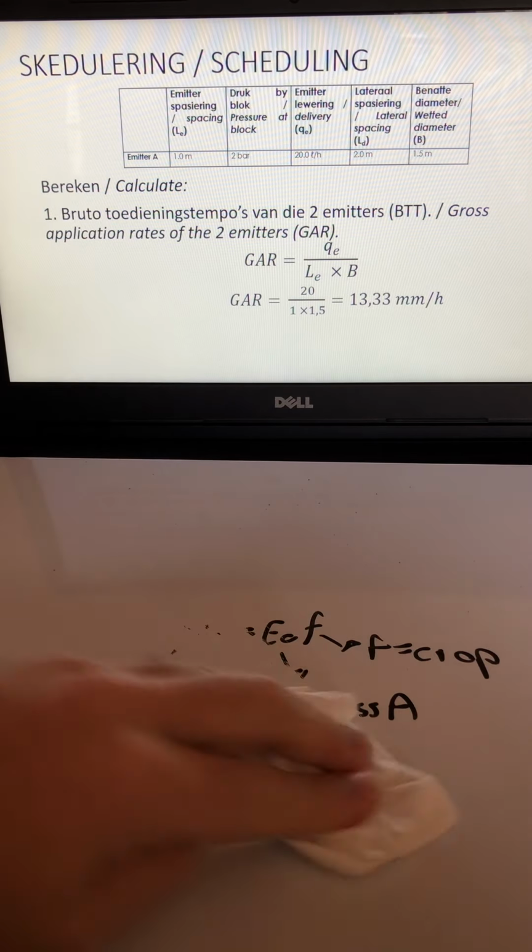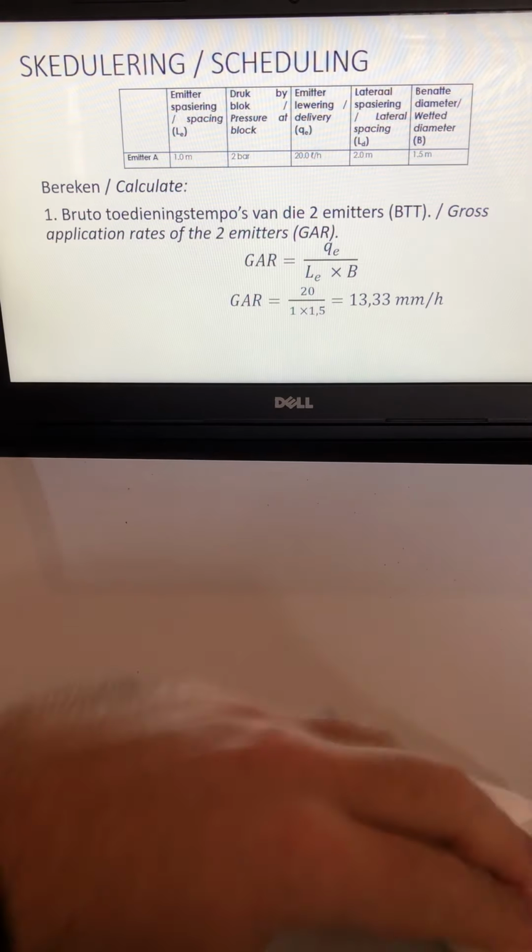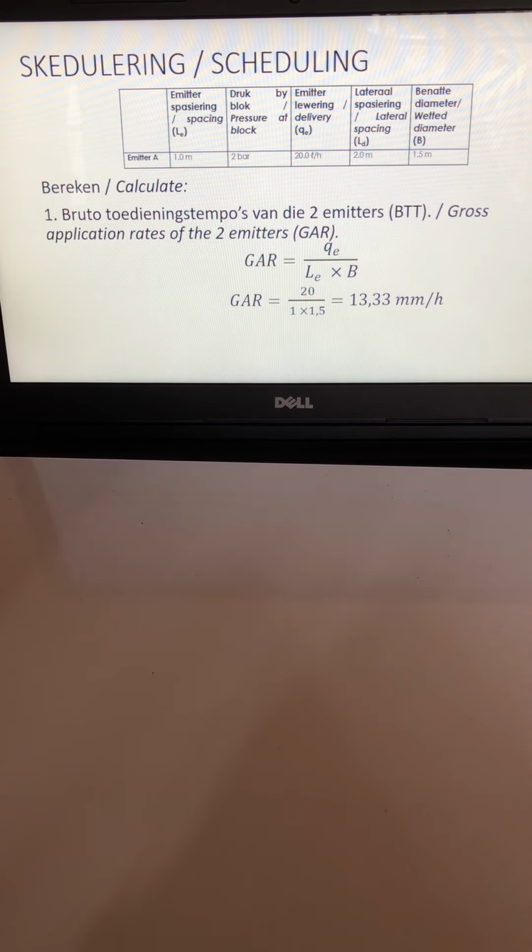And then taking everything of the last two videos together, we can now calculate how to determine the amount of water that you should use to irrigate. So the question is, determine the gross application rate of the two emitters, but in this case there's only one emitter A. So determine the gross application rate. So that refers to the rate at which water is flowing out of your emitter.